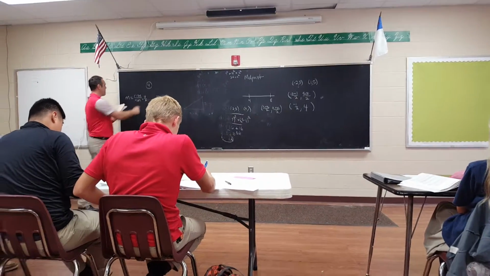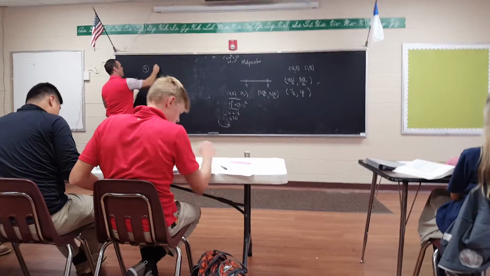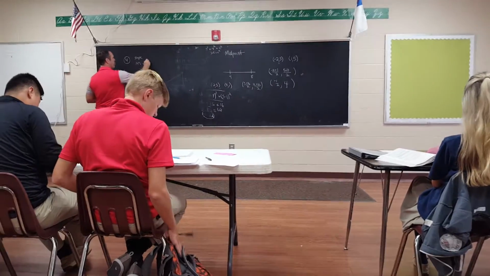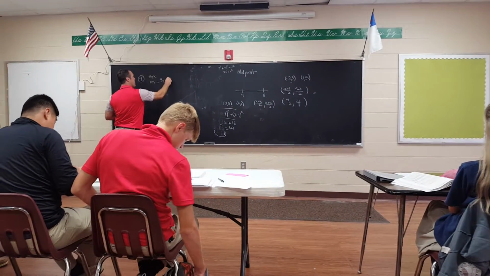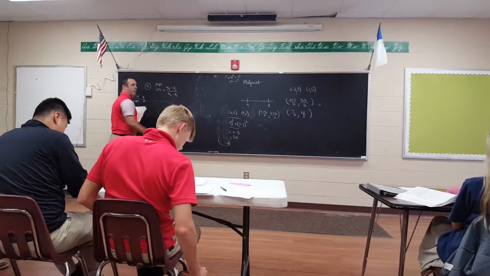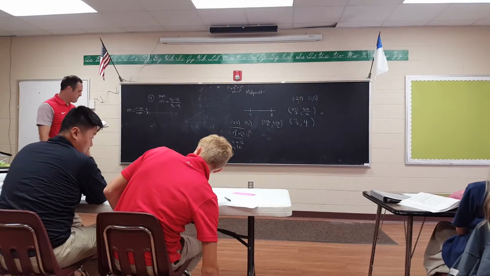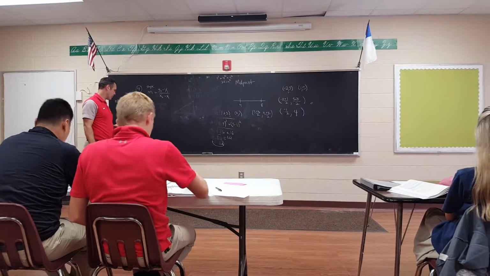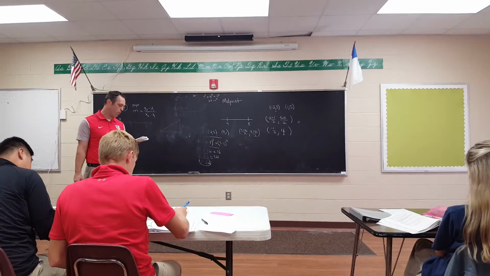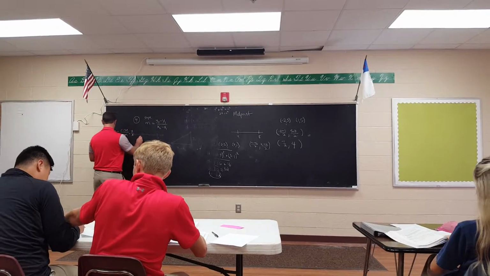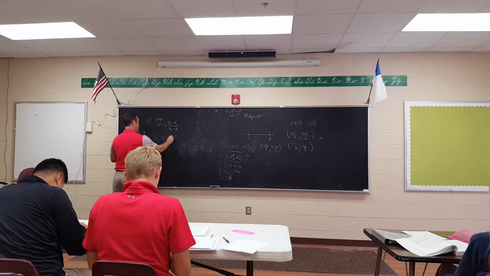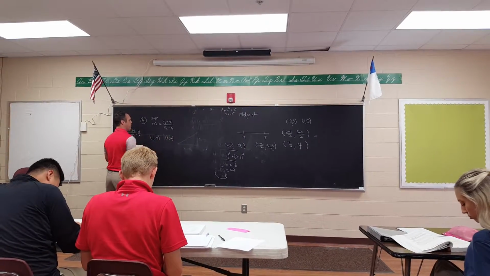So the formula for this, M stands for slope, is y2 minus y1. Like I said, the order doesn't matter, in this case you want to go in the same order, over x2 minus x1. Example number 4, the graph is hard to show you, but if you're given 2 points, we just have to use this formula to solve it.